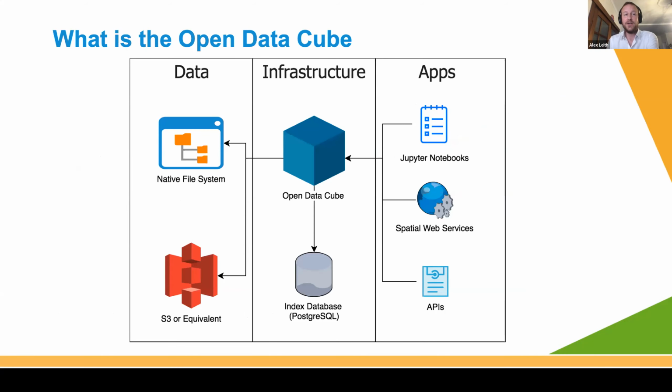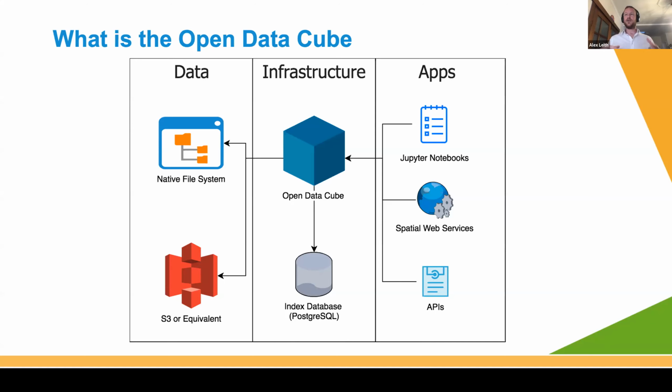So we use the Open Data Cube to do a bunch of our data handling, to make it easier to work with this Earth observation data. And really briefly, Open Data Cube is a Python library and a Postgres database, which provides an index to data. So data can be stored on a local file system on your local laptop with a small install of the Open Data Cube, or it could be on an object store in the cloud, and it could be millions of files.